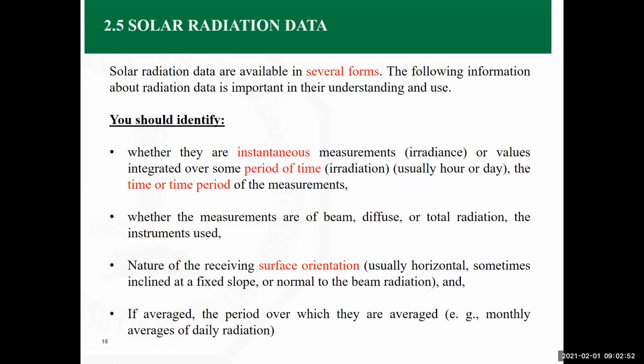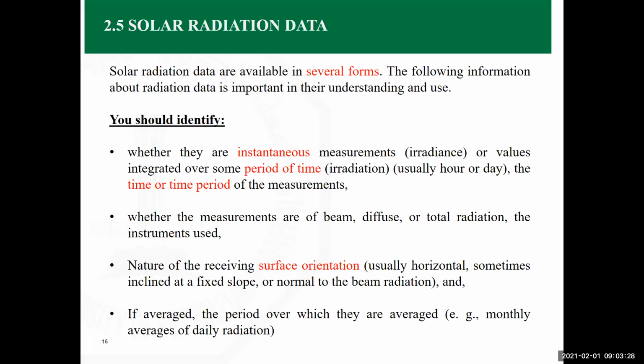If the units are given in watts per meter square, then these are instantaneous values. But if you integrate over time, it will be given in joules, like joules per meter square. So that tells whether the values are instantaneous values measured on the spot, or values integrated over a certain period of time, which could be an hour, several hours, days, or even months.